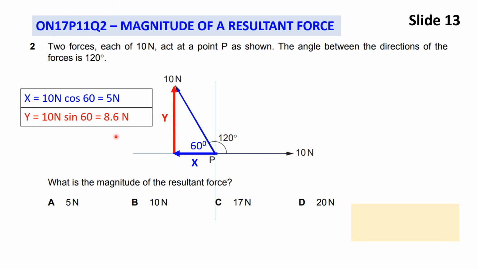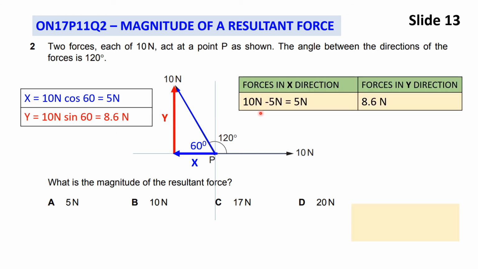The next step is to determine all the forces acting in the x and y direction. In the x direction, I have two forces. I have 10 newtons to the right, and I have x to the left.